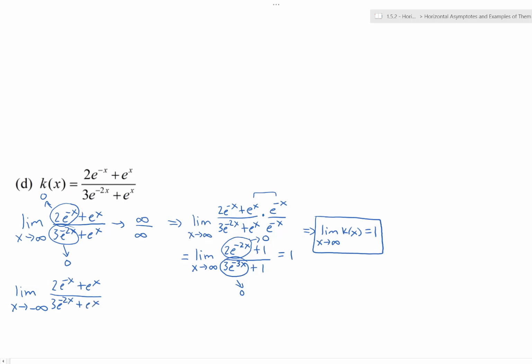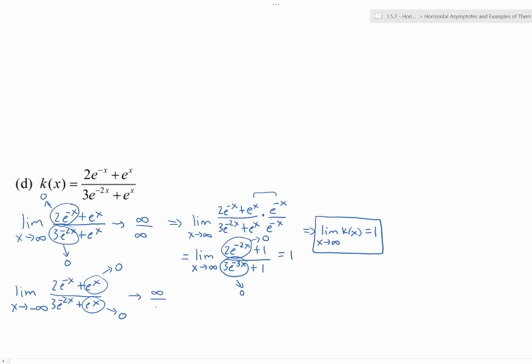What happens? Well, now we're going in the negative x direction. And so in this situation, e to the x and e to the x are both going to go to 0. And we're left with that ratio 2e to the negative x divided by 3e to the negative 2x. But those are both decay functions, so as x goes to negative infinity, both of those are going to go to infinity.